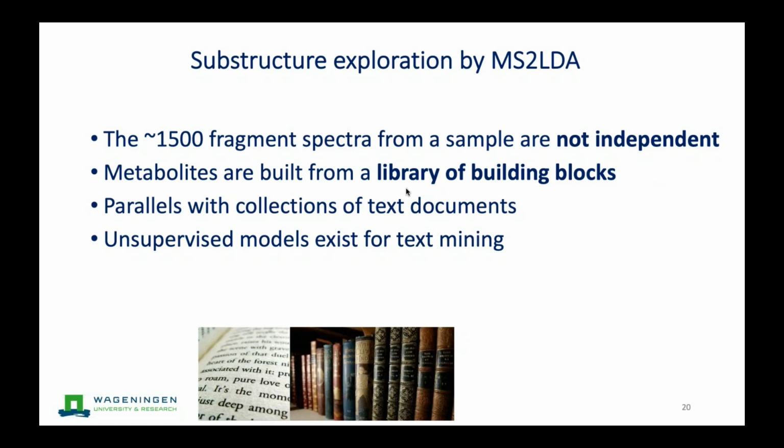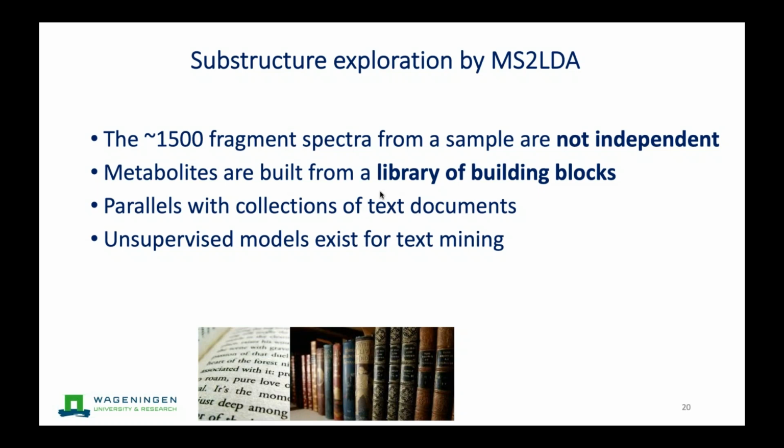As I already mentioned before, the structures of the complex mixtures are not independent, but it also means that the fragmentation spectra derived from them are not independent of each other. And I think many of you know that metabolites are built from a library of building blocks. And the word library is chosen for a reason here, because libraries have a lot of books, and books are in fact large text documents.